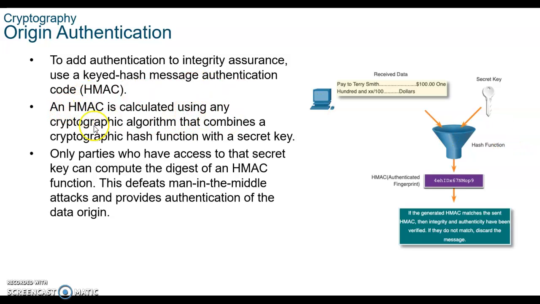HMAC is calculated using any cryptographic algorithm that combines a cryptographic hash. So again, we can use MD5, SHA, SHA-2, and then we include the secret key. So only parties who have access to the secret key can compute the digest of an HMAC function. So this at least eliminates the man-in-the-middle attack.